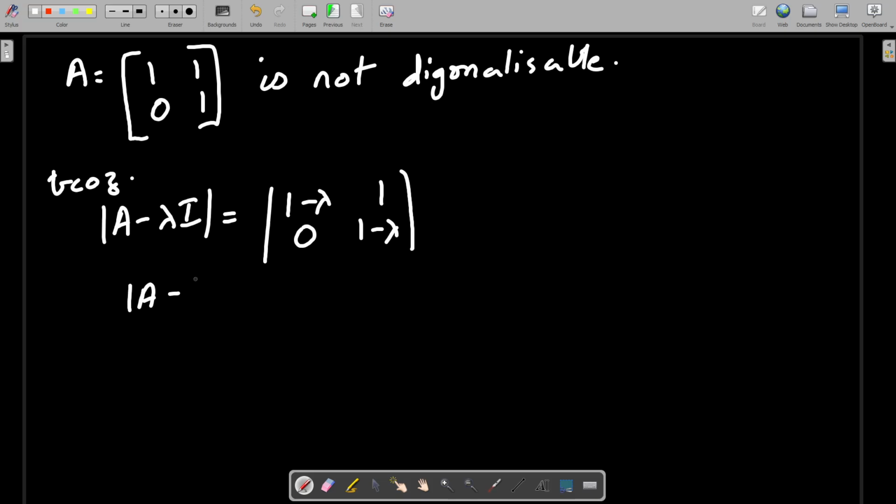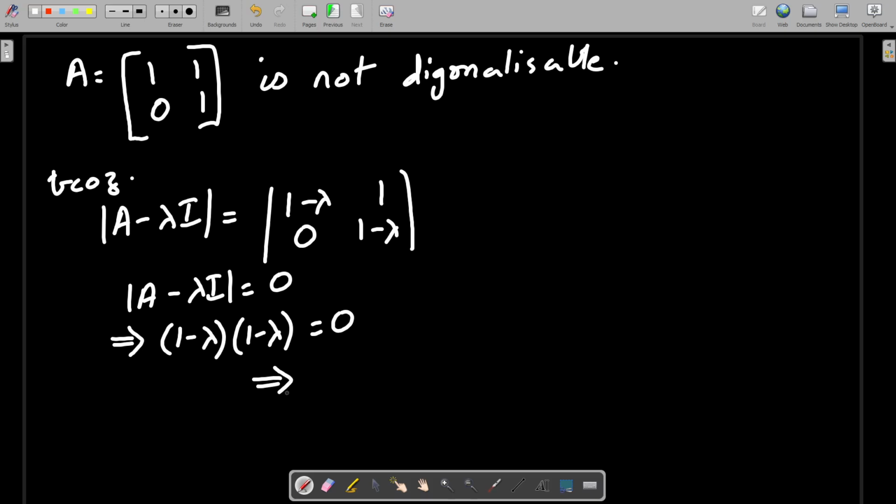So A minus lambda I equal to 0 gives you 1 minus lambda into 1 minus lambda is equal to 0. So what does this imply? Lambda is equal to 1. You get the same eigenvalue twice, right?